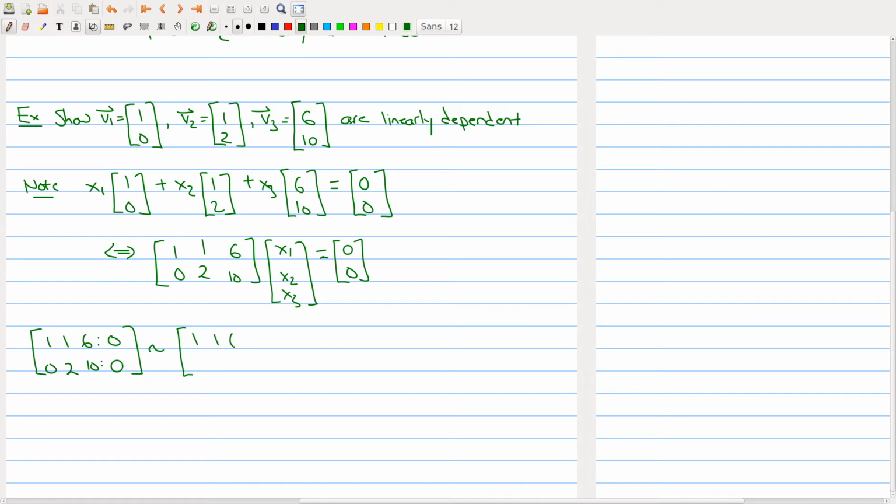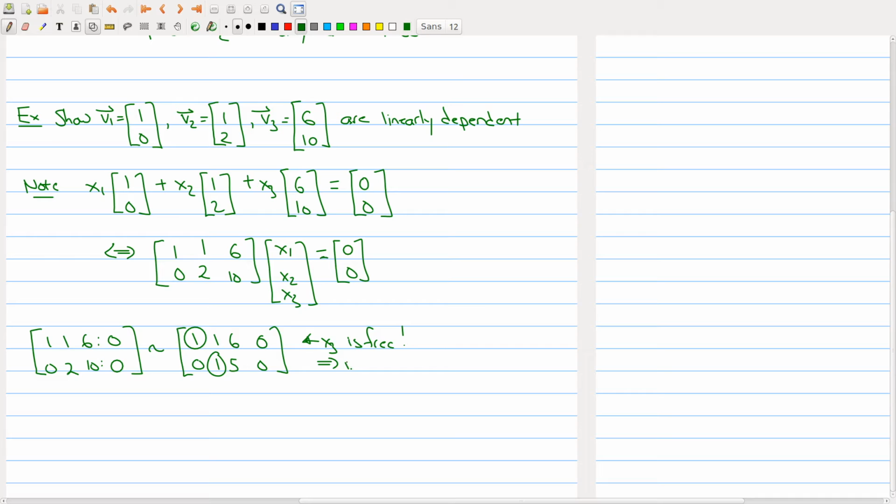So I can get 1, 1, 6, 0, and 0, 1, 5, 0. Already we see that because I have a pivot here and a pivot here, I actually have a free variable. x3 is free. And what we know is that if you have a free variable, then you have an infinite number of solutions.